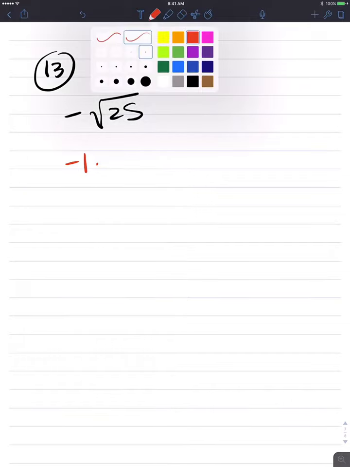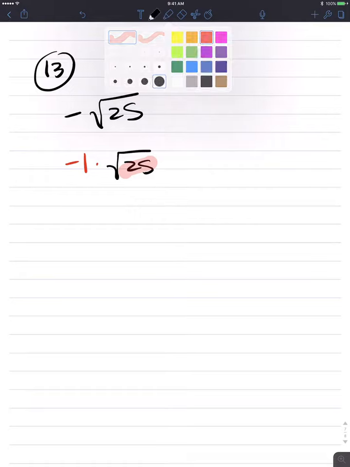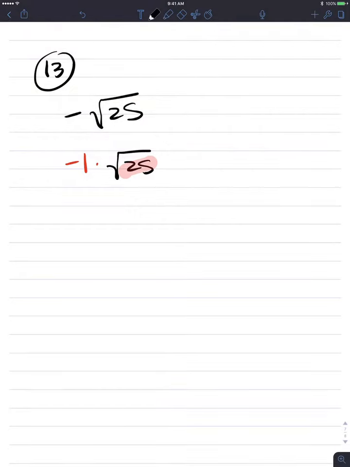Number 13. Negative square root of 25. This is negative 1 times the square root of 25. Notice 25 is a perfect square because 5 to the second power is 25.